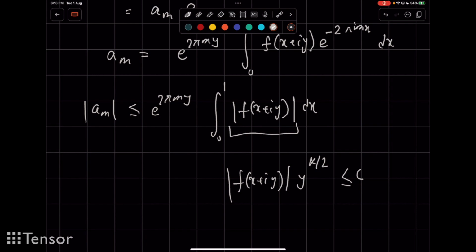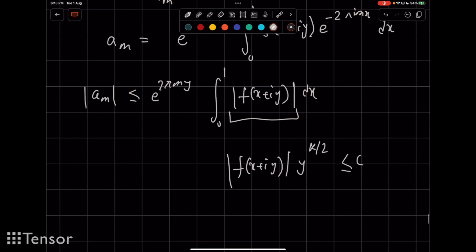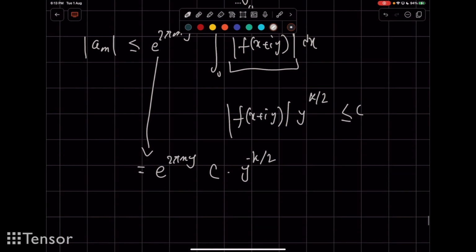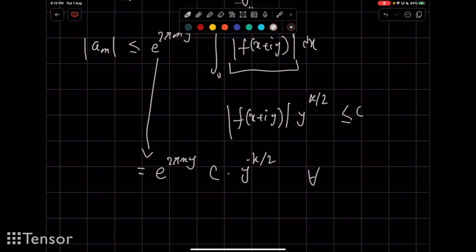So this is bounded by c times y to the minus k over 2. So the integrand doesn't really depend on x anymore, so we can take it in front. So this becomes e to the 2 pi my times a constant c times y to the negative k over 2. And this is true for all positive y, right?